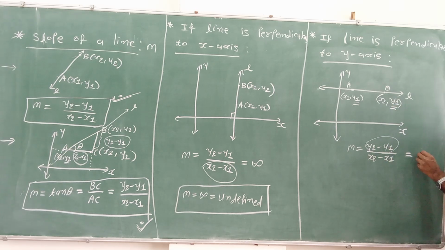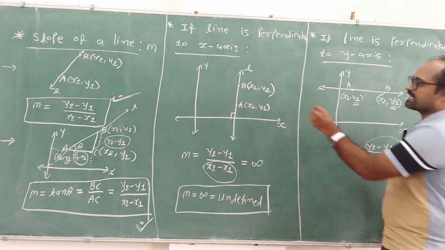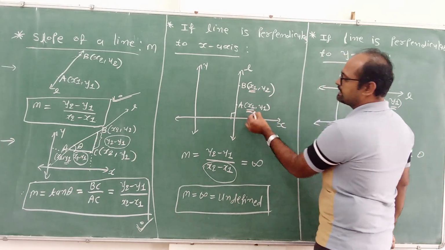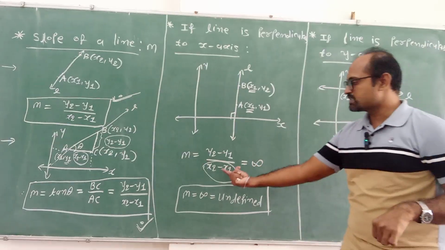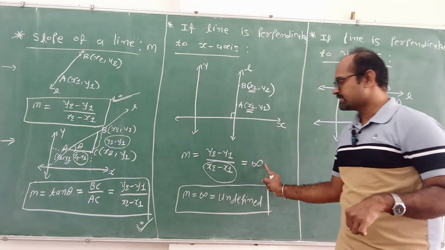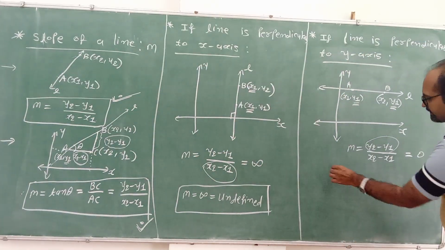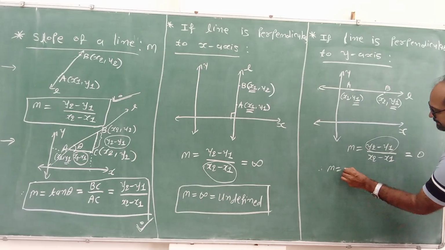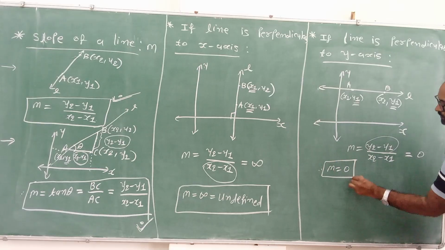So 0 upon (x2 minus x1) means the answer will be 0. Therefore m is 0.